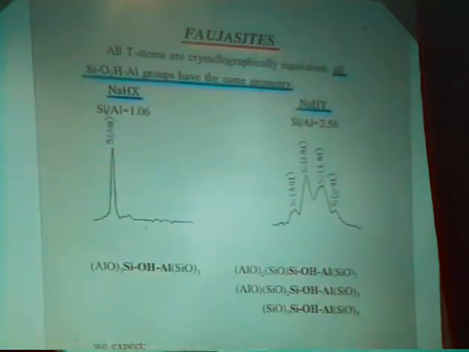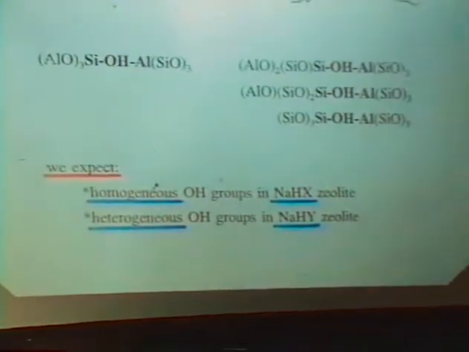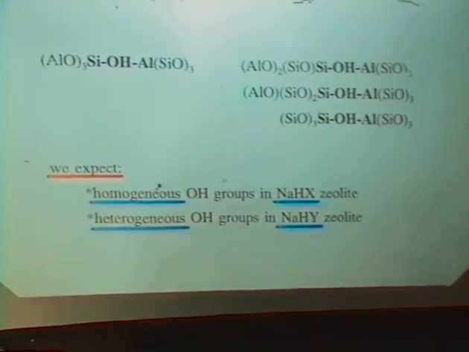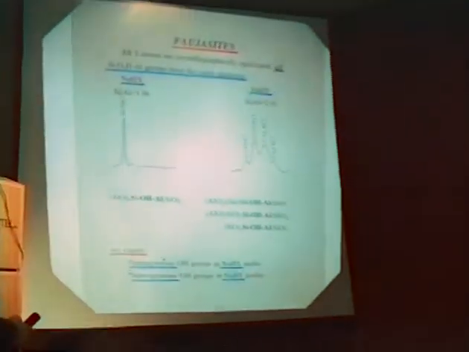All the hydroxyls may be represented by this formula. So in X zeolite, hydroxyl groups are expected to be homogeneous. In Y zeolite, in which Si to Al is close to 2.5, we have 4 NMR signals, of Si having 3 Al neighbors, 2 Al neighbors, 1 and 0 Al neighbors. Si having 0 Al cannot create a bridging hydroxyl.